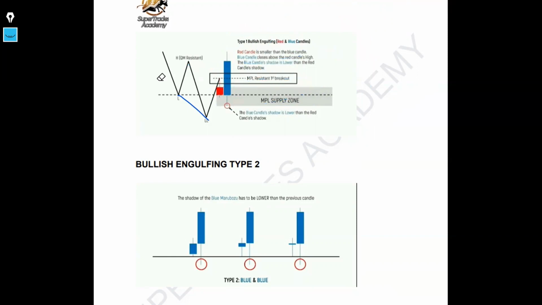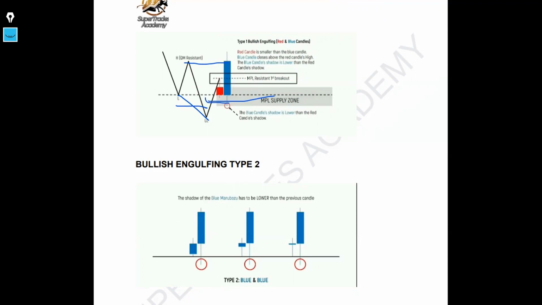So this is how you can enter a trade. Remember, this should be a confirmation or a clear setup, because the market has broken the low and it's going to break the high, and it has the maximum pain level same as the left shoulder, and on this maximum pain level we're also having a demand zone.